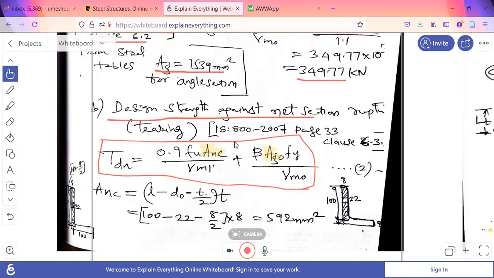You should write where this is available in the examination clearly: IS 800 2007, page 33, clause 6.2. Now your job is simply to substitute these values, ANC and AG0 I have calculated. FU 410, FY you can see it is 250. All those you substitute and find out the value. That's all.